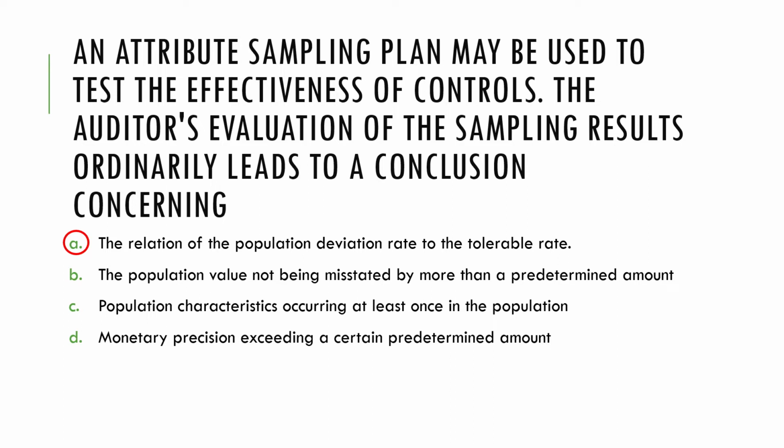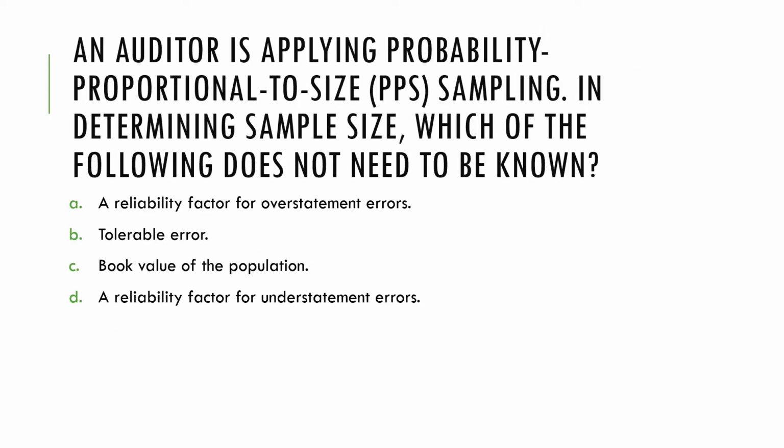However, we also recall that in the case of test of controls, there is no explicit projection technique to the population, as it is almost always impossible for us to determine the entire population of controls. Nonetheless, when we perform sampling for test of controls, our concern is that the deviations do not breach that which we consider to be acceptable or tolerable, or that which we are willing to accept. So the answer to this is Alpha.